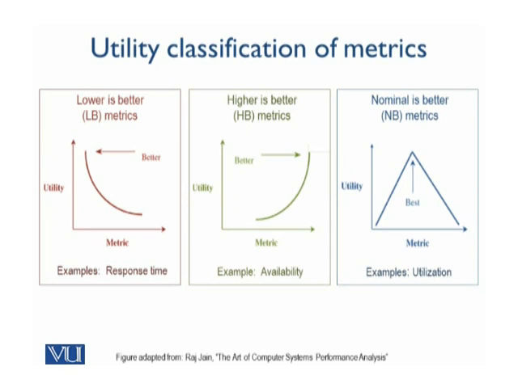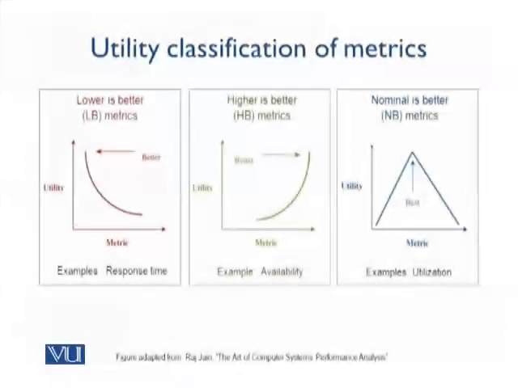An example of a lower is better metric is response time, whereas an example of a higher is better metric is throughput or availability. और कुछ cases में we would like to have nominal values of the metric, यानी ना बहुत ज़्यादा और ना बहुत low.